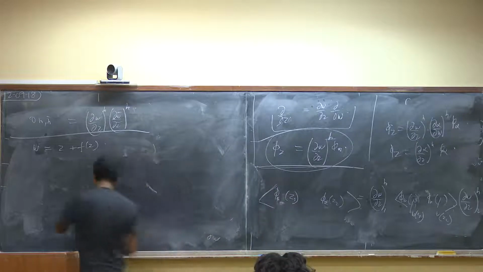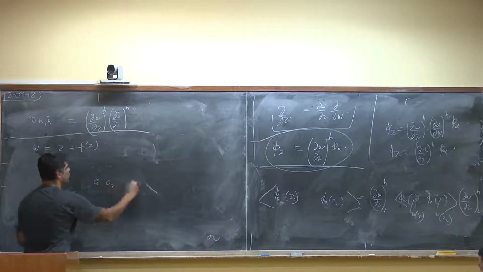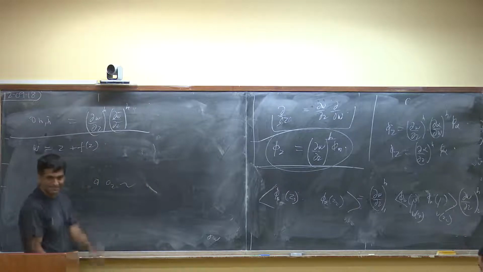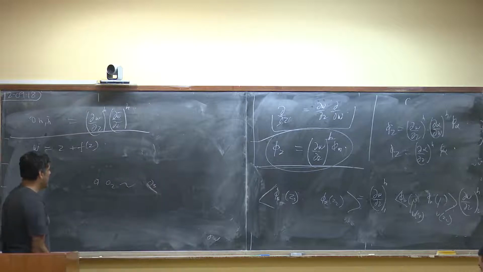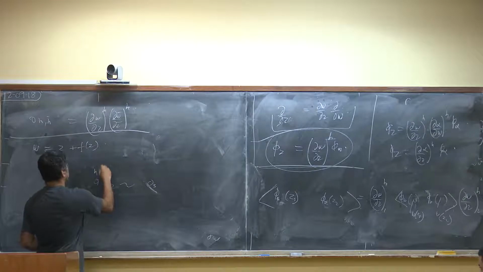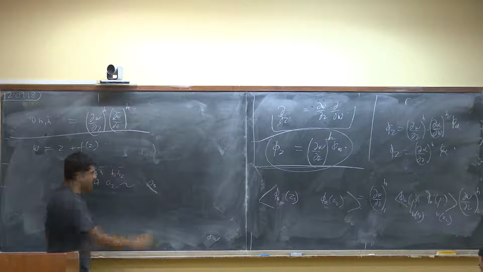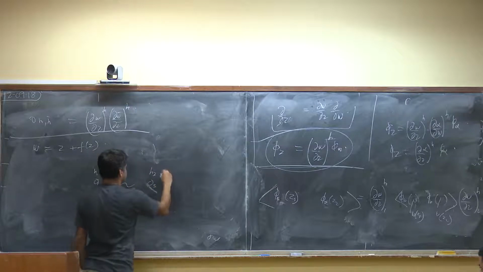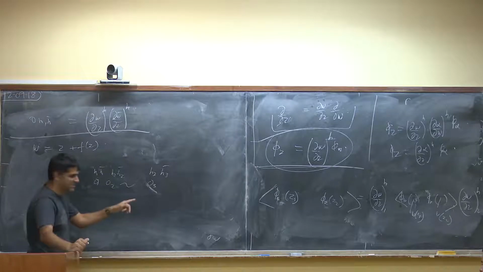Suppose we had O1, O2, I look at the OPE. O1 with O2 goes to O3. Now, let's say that this has dimension H1, H1 bar, this has H2, H2 bar, and this has H3, H3 bar. I'm sorry for everyone else, but I just quickly respond to this question.